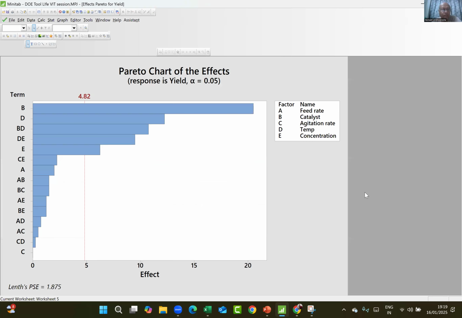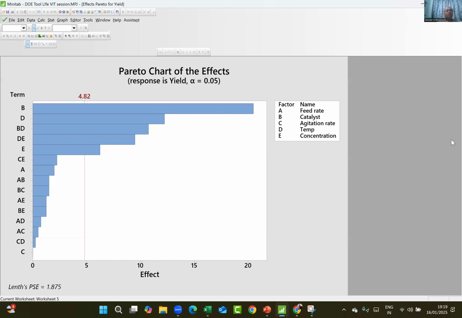So it has given me a Pareto chart after analysis. It shows that B, D, and D, E are significant and the rest are not significant at this point. Of course, the effect of C is actually negligible or zero, so you can technically omit C. But if there is an interaction with C which is significant, you may not be able to omit it.